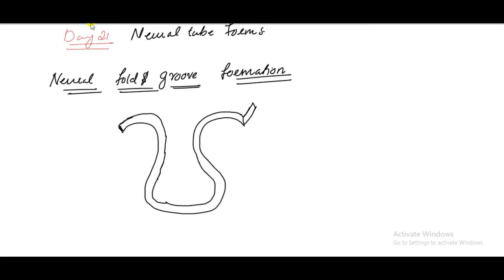So there is neural fold and neural groove formation. This is the next step, and it is the invagination of the neural plate into the mesoderm, and you can see the epidermis in blue color.